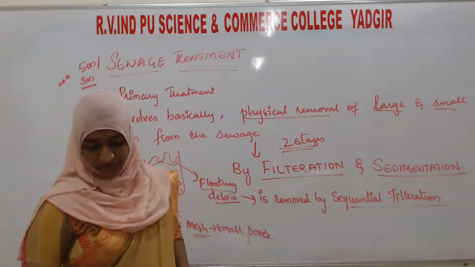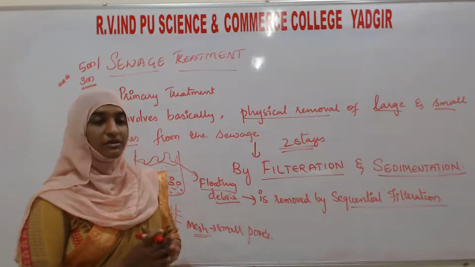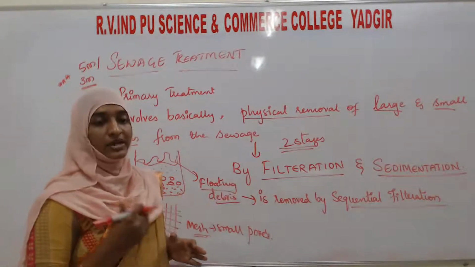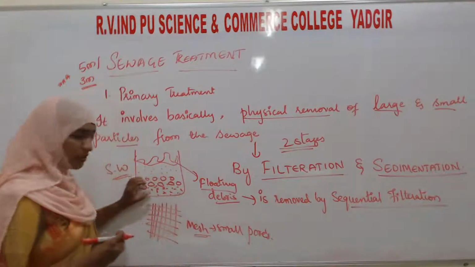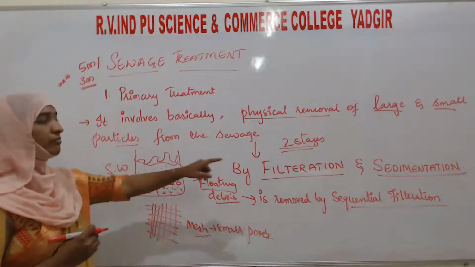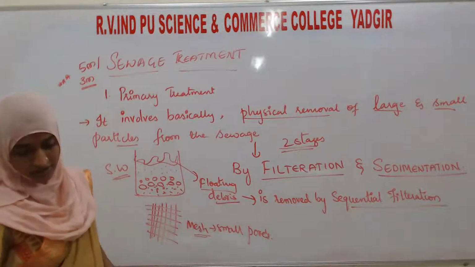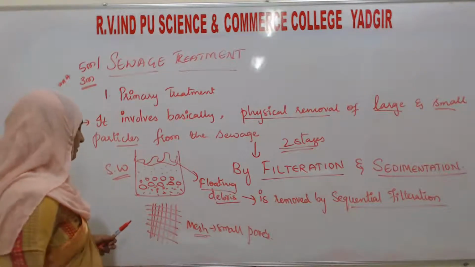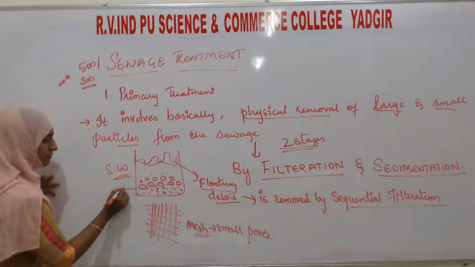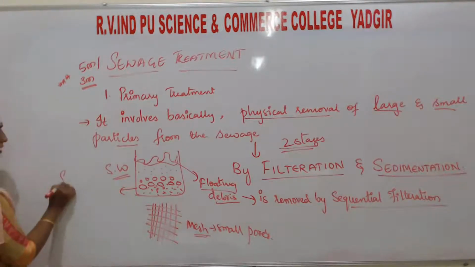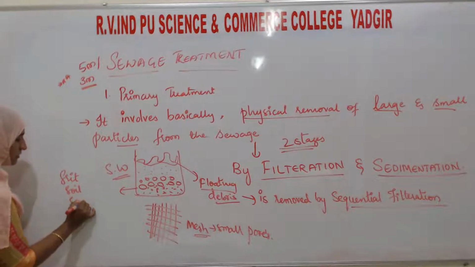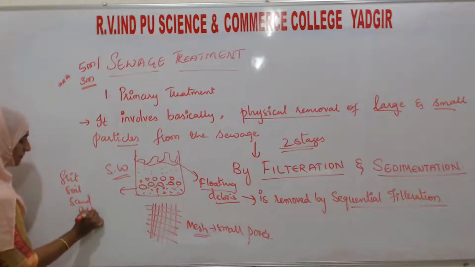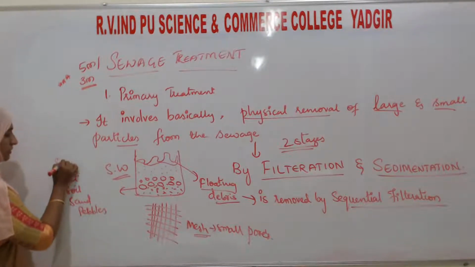Next is the sedimentation. Sedimentation means whatever grit, soil, pebbles, rocks have settled down. Here you see all these things: grit, soil, sand, pebbles, small stones.